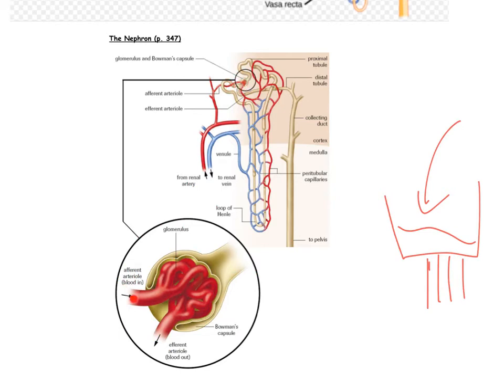I should mention that the glomerulus is held in this capsule-like structure called Bowman's capsule, which is just like the collecting zone. It would be like the coffee pot underneath the coffee maker. So your nitrogenous waste is going to move into Bowman's capsule, and from there into the structure called the proximal tubule.